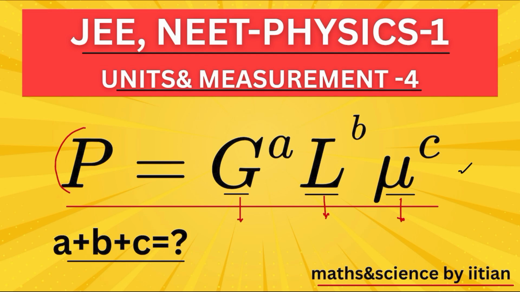The units of the dimensions of P are to be found out. P is pressure. And P is equal to G to the power of A, L to the power of B, mu to the power of C, and we have to find out what is A plus B plus C.